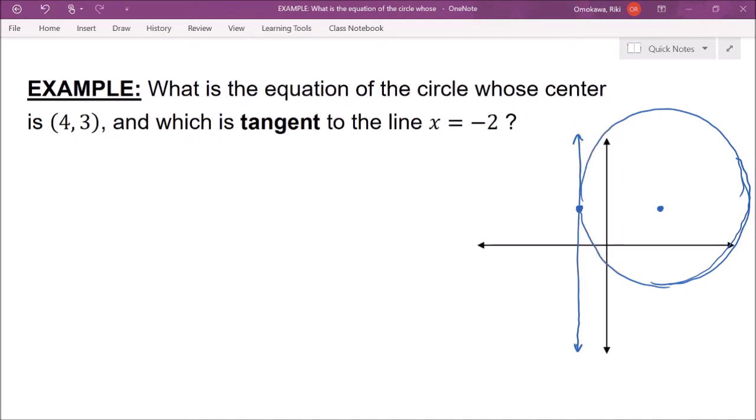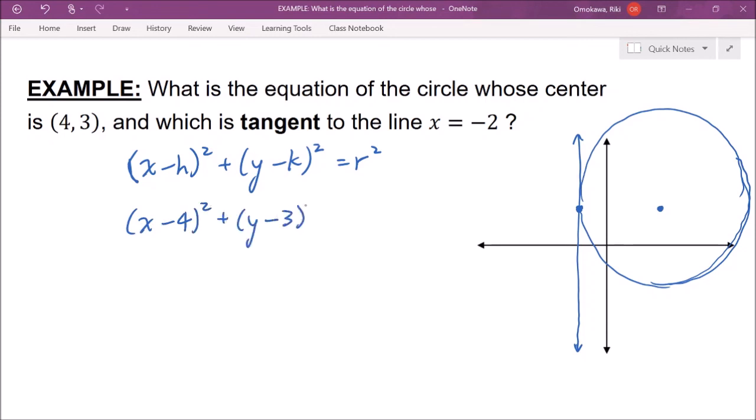So here, let's fill in what we know first. Here's the general form of the equation again, where h is 4 and k is 3, equals, and again, we're left with an unknown radius. To find that radius, we really have to figure out what's going on in our sketch and visualize the situation.